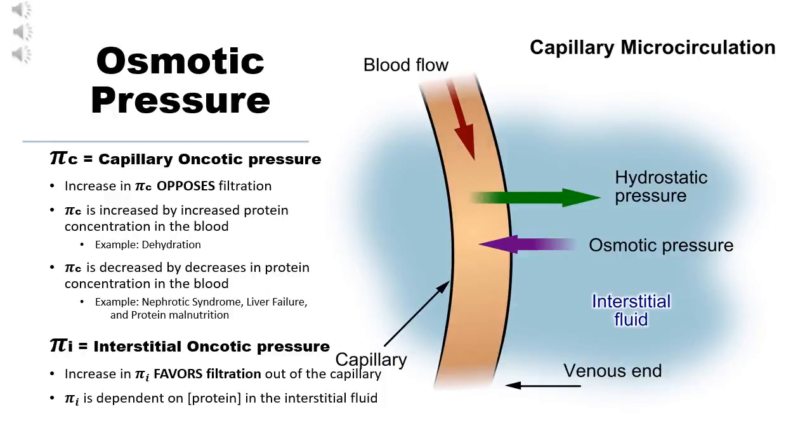Remember, oncotic pressure is always dictated by the protein concentration in whatever fluid it's named after, meaning capillary oncotic pressure is determined by the protein concentration in the capillary or blood, and interstitial oncotic pressure is dictated by the protein concentration in the interstitial fluid.